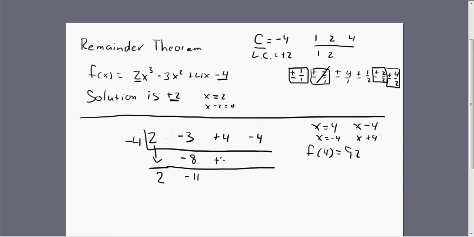This will give me a positive 44, which gives me a positive 48. And then negative 4 times 48 gives me, let's say, negative 192. And this will give me negative 196, which is my remainder. So f of negative 4 equals negative 196. So that wasn't really close either.